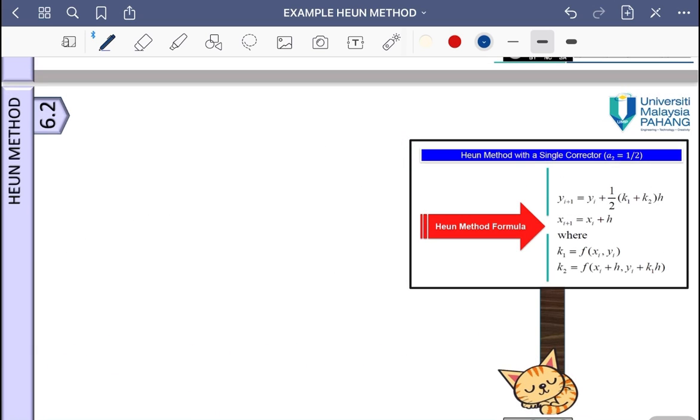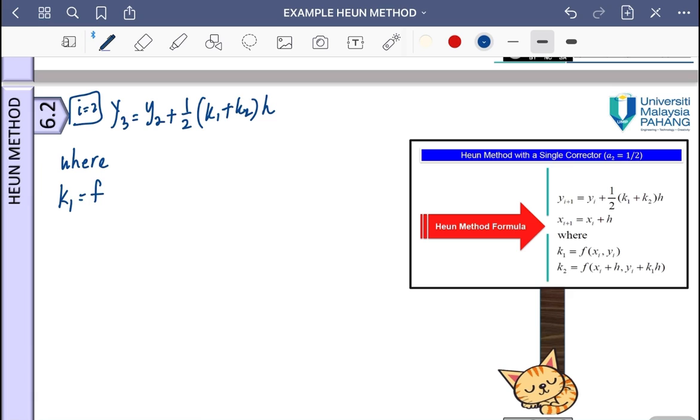Next, calculate when i equal to 2, so we want to obtain our y3. Using the Heun method, y3 comes from y2 plus the average of two slopes times our step size. The first slope is the calculation for f at the point x2, y2.